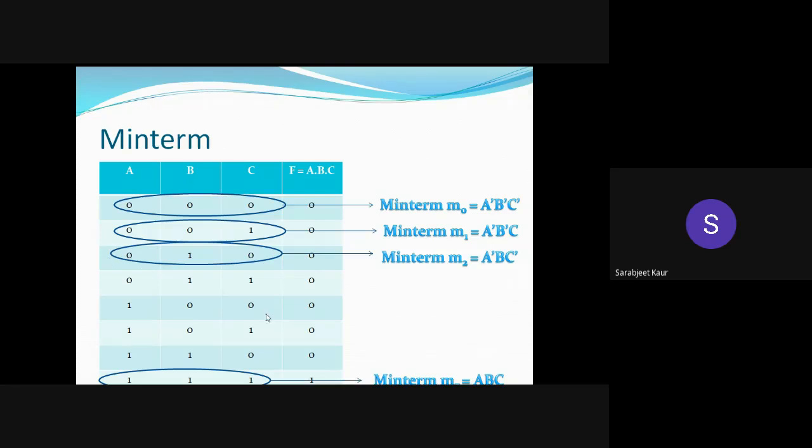Again, let us look at the truth table. We have been saying that a truth table gives us all 8 minterms. So in any of these minterms, do you find any of these variables missing?